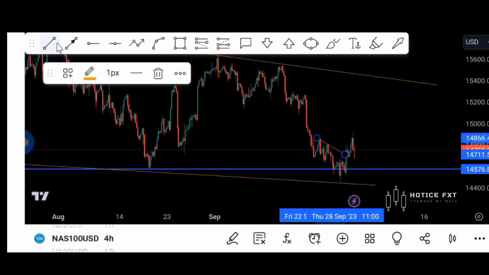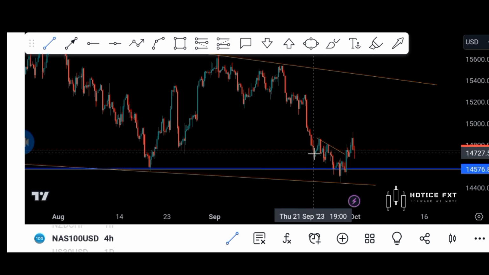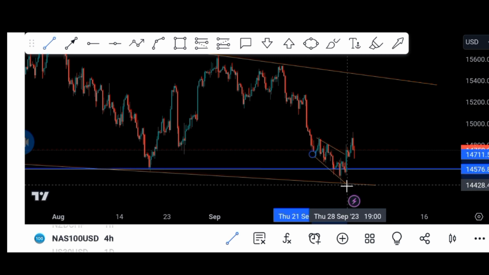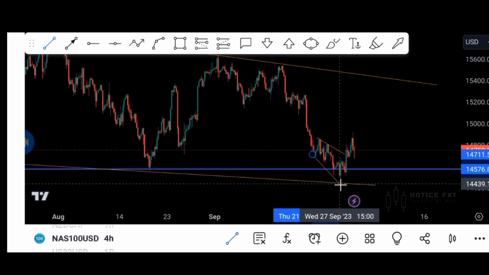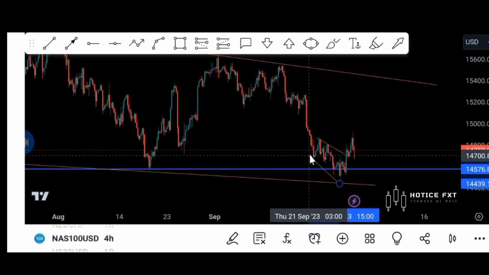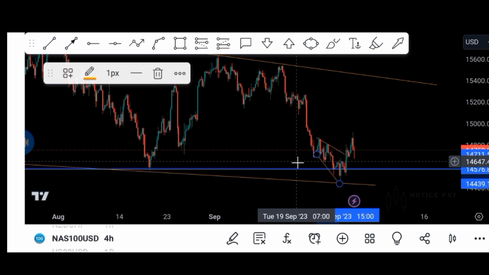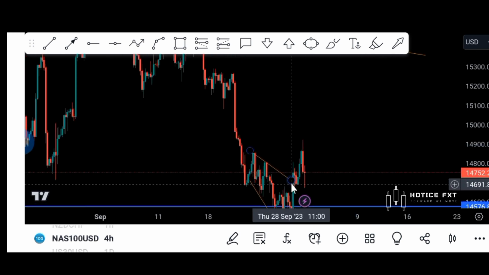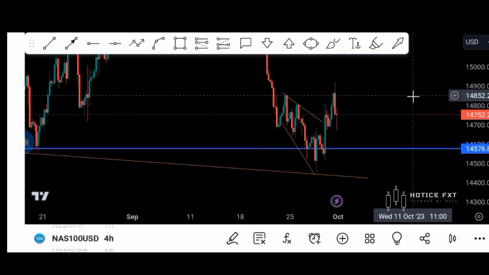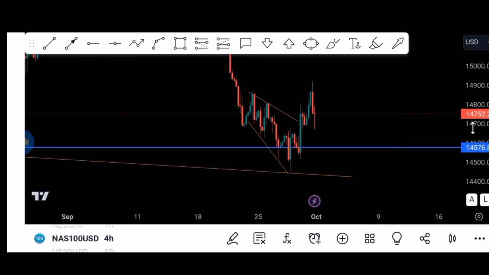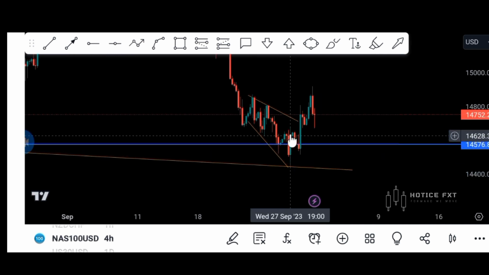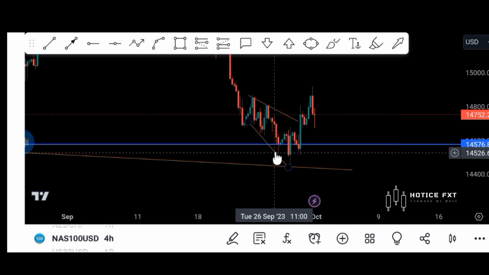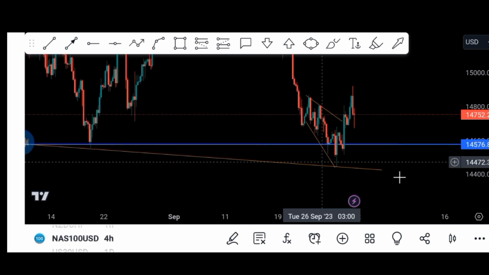Already the market is starting to buy. As you can see, guys, the market is starting to buy. It was a beautiful descending channel we have on NAS100. And also we did have what? An inverse head and shoulder. As you can see here, it's a shoulder, a head, and a shoulder here.